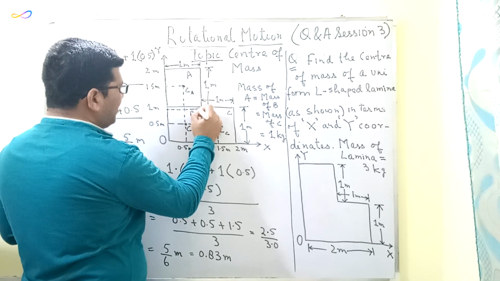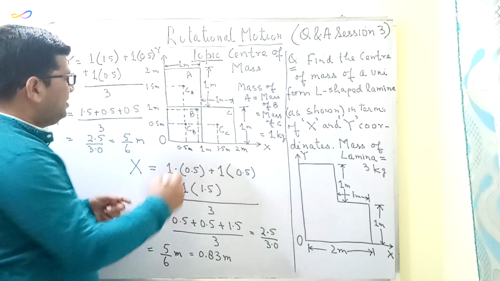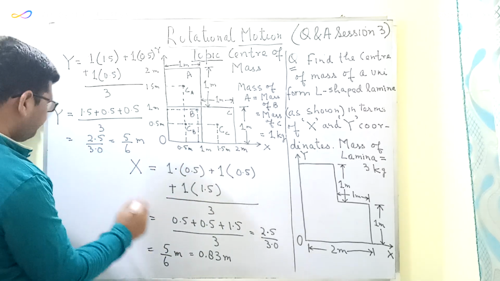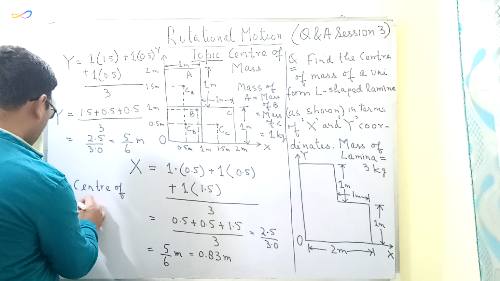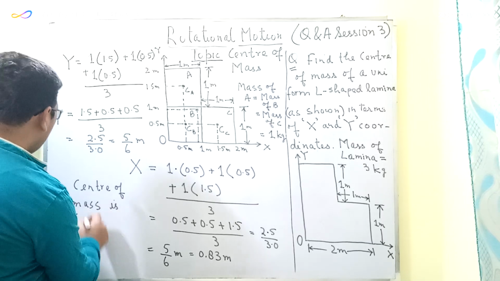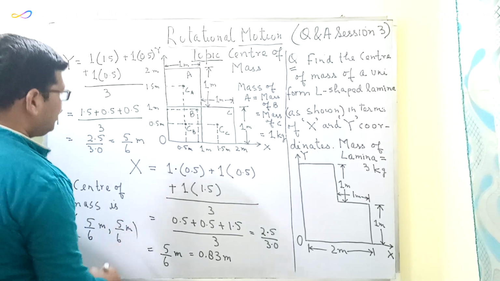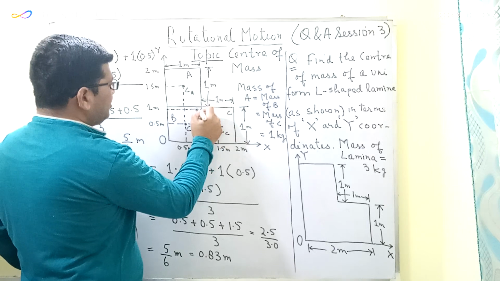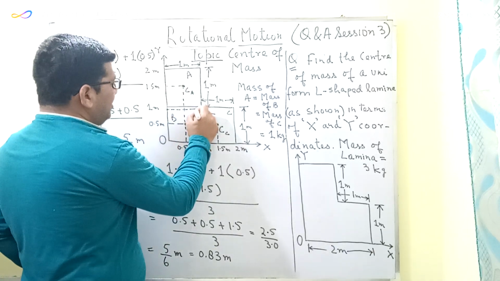So this point is the center of mass of this uniformly shaped lamina, because the center of mass of this lamina is 5 by 6 meter and 5 by 6 meter.